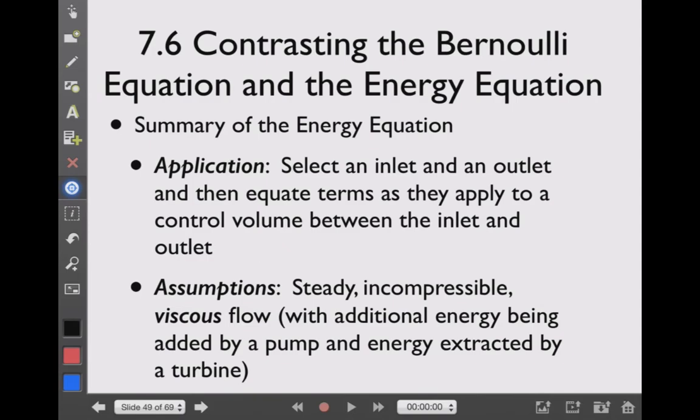And the assumptions are, again, steady and incompressible, but in this case we can allow for viscous flow, and that basically comes out through the head loss. And we have, as I showed before, these additional terms where we can add energy via pumps and extract energy via a turbine.